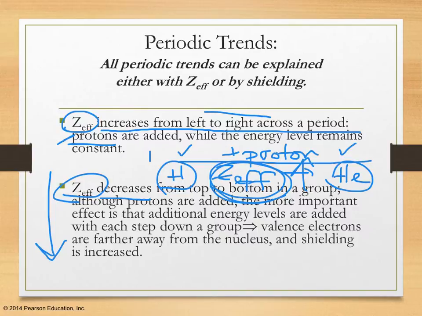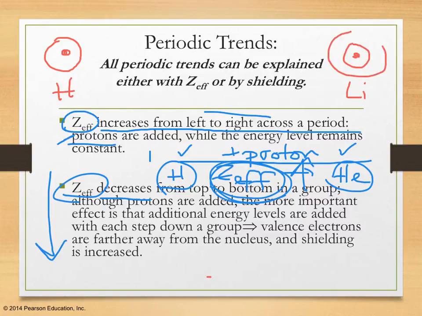If you look at a couple Bohr models, let's look at hydrogen. So we've got the nucleus, and it has 1 energy level. And then let's look at lithium. Here's its nucleus, and it's got 2 energy levels. All right.